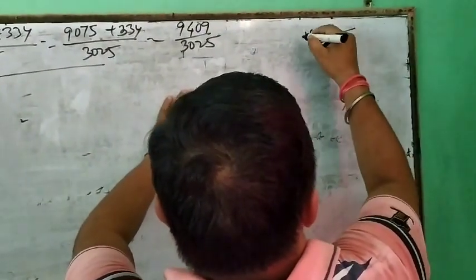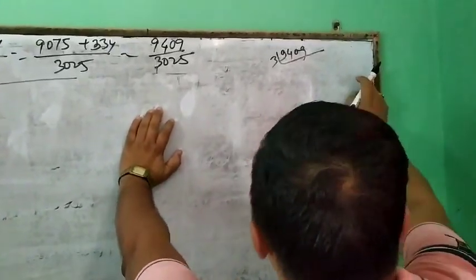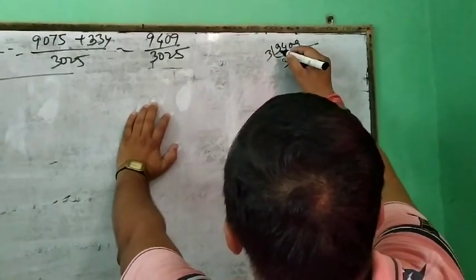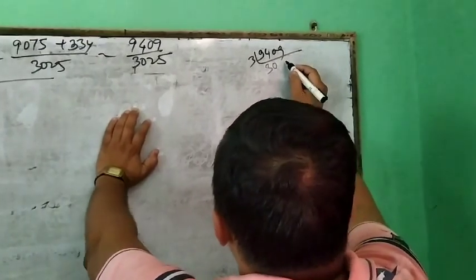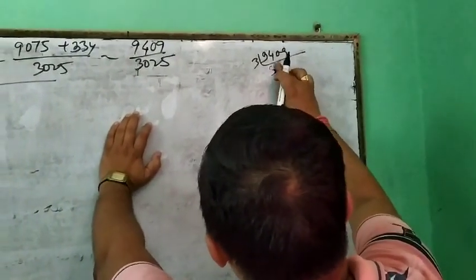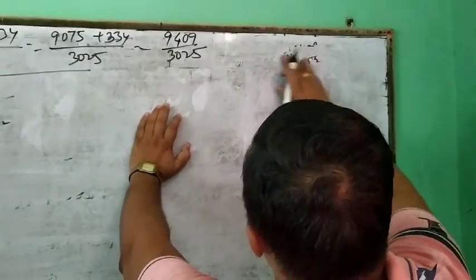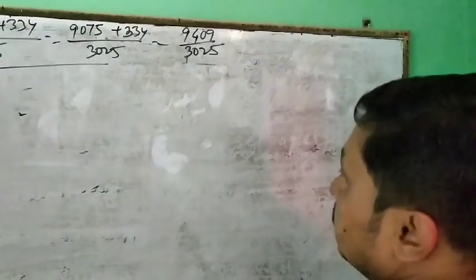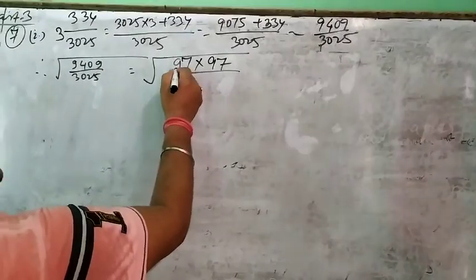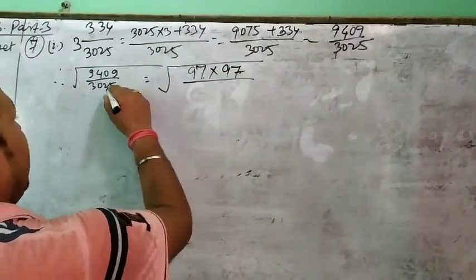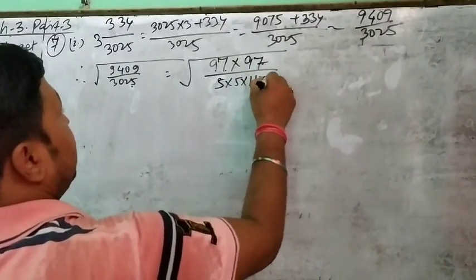At first we find the factors. It should be written as 97 into 97, and 5 into 5 into 11 into 11.